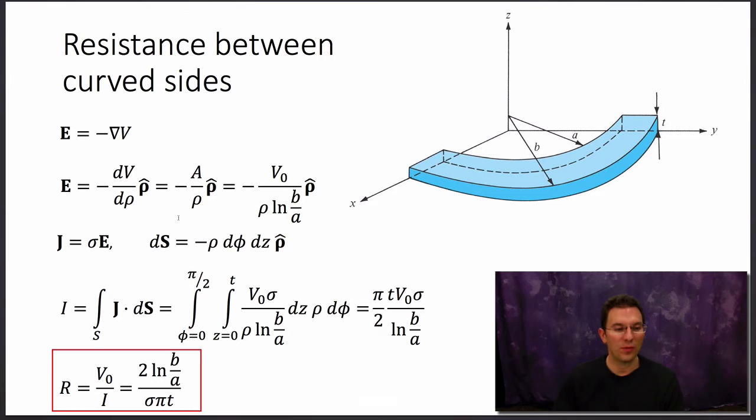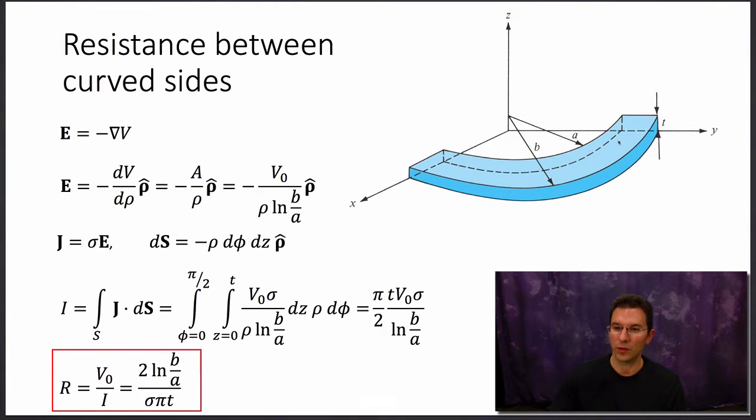Let's find our current I using this equation. So we're going to use Ohm's law. J is sigma E, so if we know sigma and E, which we do, we can calculate J. And then we're going to be integrating over a surface S. The surface S is another vertical surface here, at some value of rho.